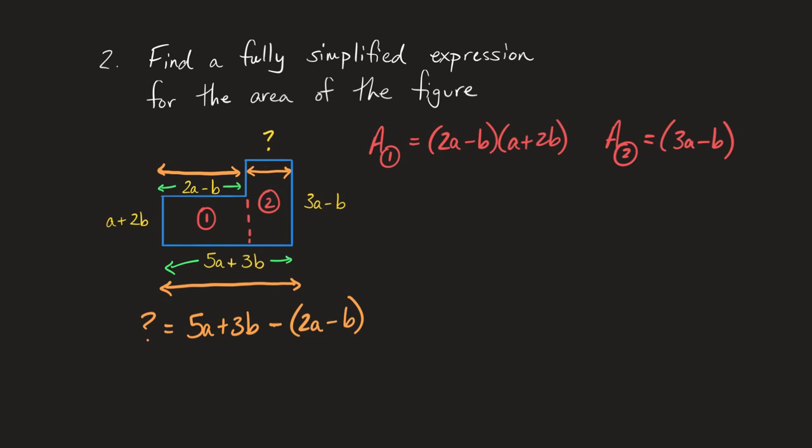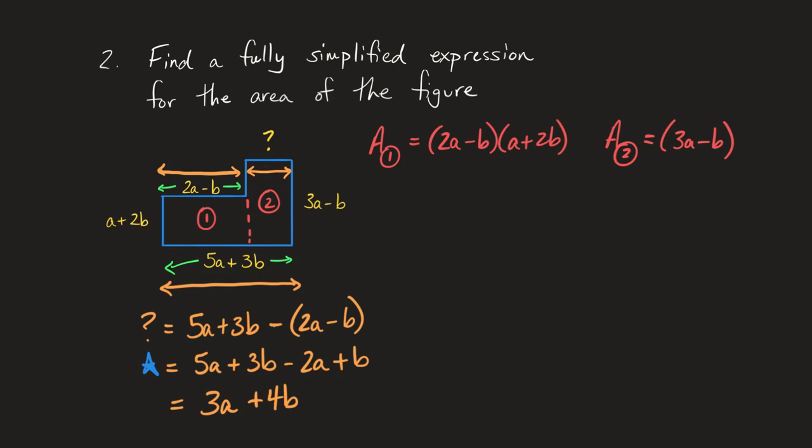Okay, if I simplify that orange, I'm going to have 5a plus 3b, and I need to subtract a 2a and subtract a negative b. I'm really going to add it. I did not need to see that line because we could have done that in our head. We could have said 5a minus 2a is 3a, and 3b subtract a negative b is a positive 4b. Okay, we found the question mark we were missing.